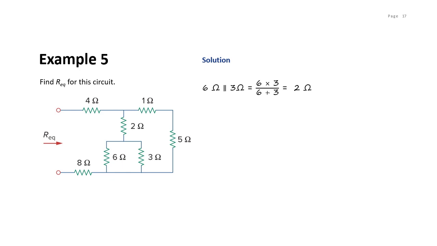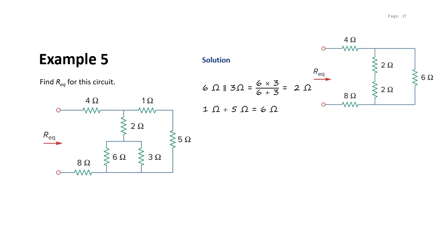Also, here we can see that 1 ohm is in series with 5 ohm, hence the equivalent resistance is 6 ohm. We just add them together, and now we can see that it is slightly simpler, right? So let's continue because there are a few other things that we can do here. The 2 and 2 ohms there are in series, so we add them together.